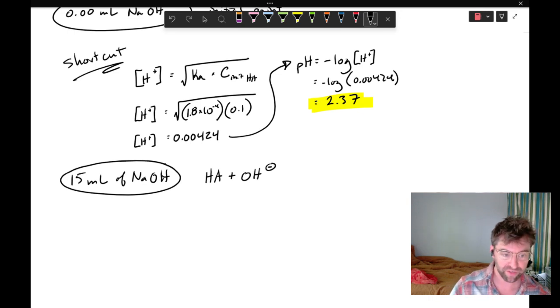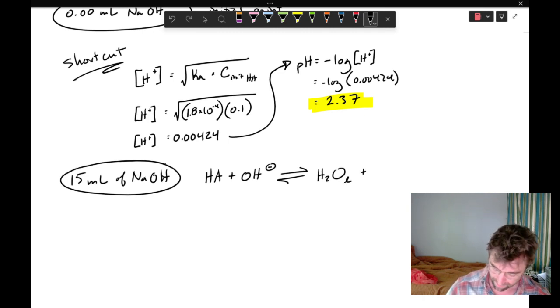We're not worried about the sodium, it's just a spectator ion. And this will be in equilibrium with H2O. Hydroxide takes that proton off of the acid, and our conjugate base left over.